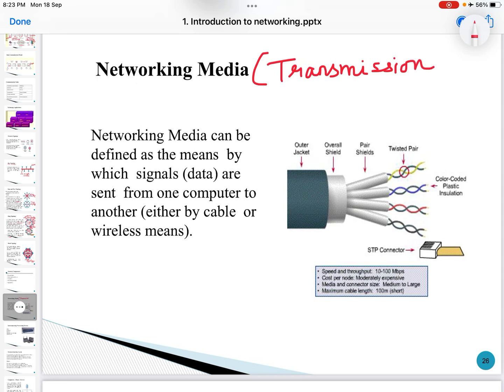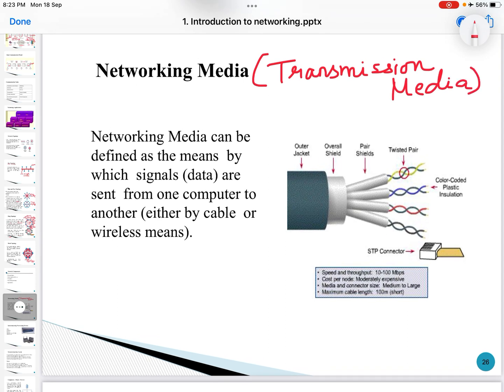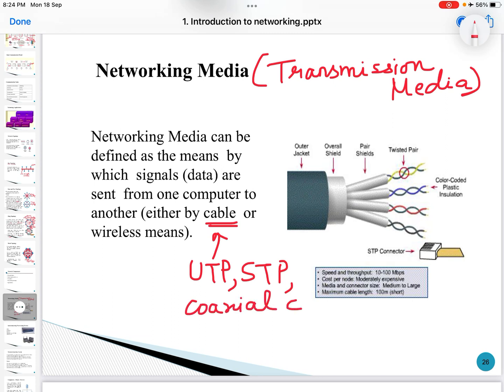And this transmission media is your module number 2, wherein you will learn how the data is transmitted with the help of cables: UTP, STP, coaxial cable and optic fiber cable.